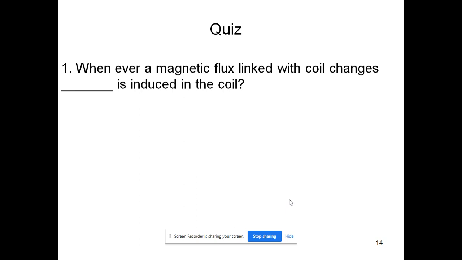Let us see the first question. Whenever a magnetic flux linked with a coil changes, dash is induced in the coil. A. EMF. B. Current. C. Power.